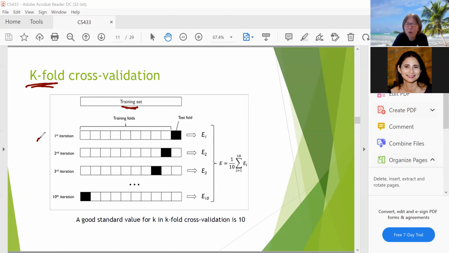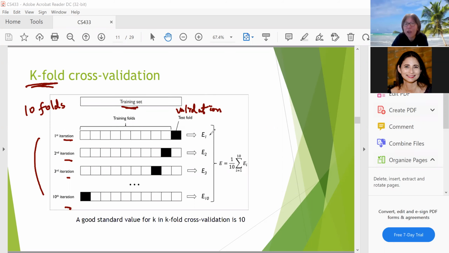Here it involves a number of iterations, if you see here. We divide it into 10 folds. For the 10 folds, you have 9 folds for training, and this fold is for validation.